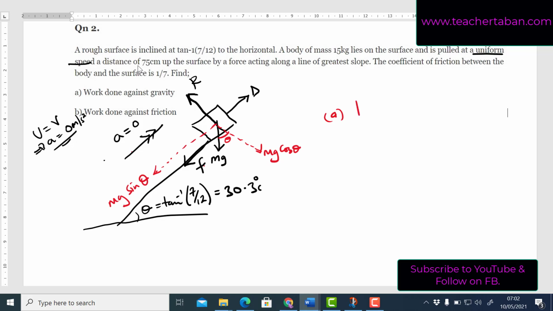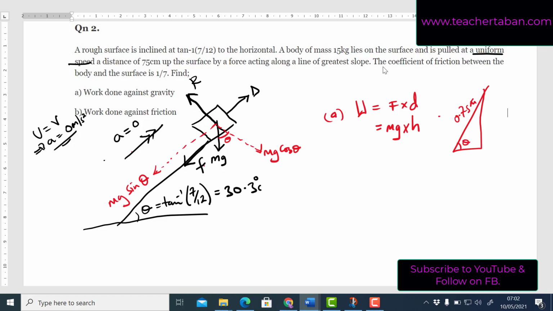Work done against gravity, by definition, work done is equal to force times the distance moved in the direction of the force. So looking at gravity, the force is the gravitational force, which is mg, and the distance is in the vertical plane, that is the height h. Remember we've been given this distance, 0.75 meters, that was 75 centimeters.